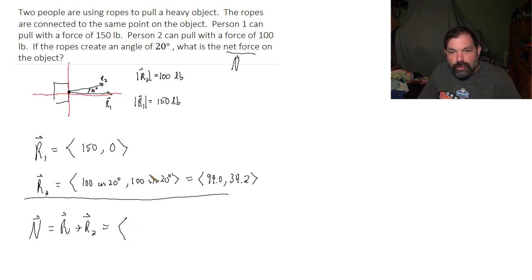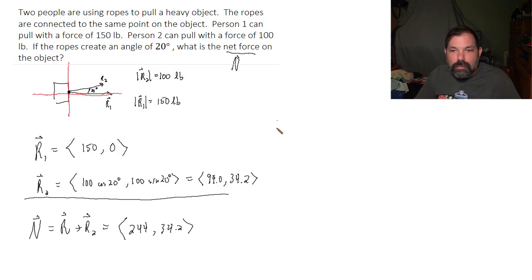Let's see, 150 plus 94 is 244. And 0 plus 34.2, that's easy, 34.2. So then that's the net force.